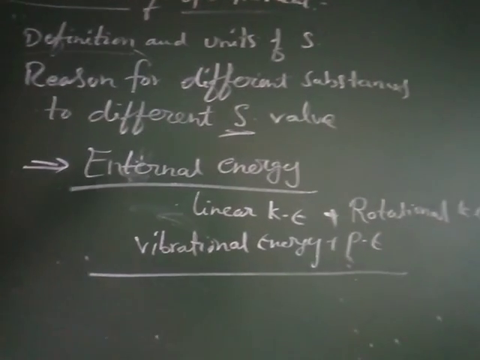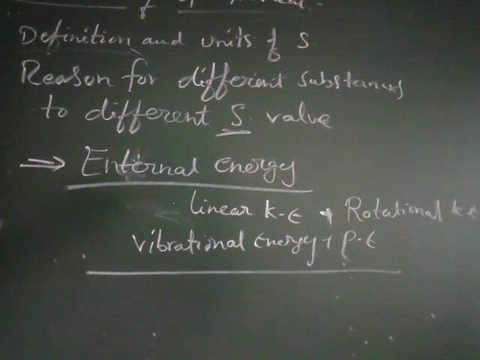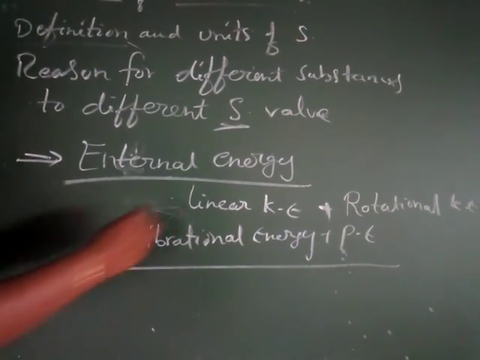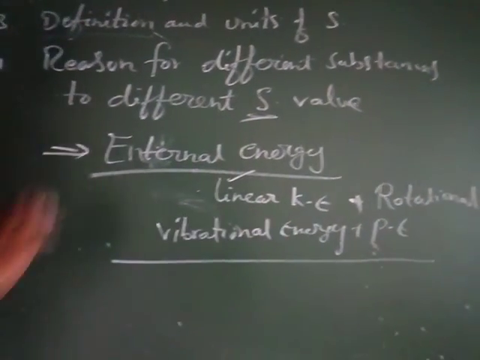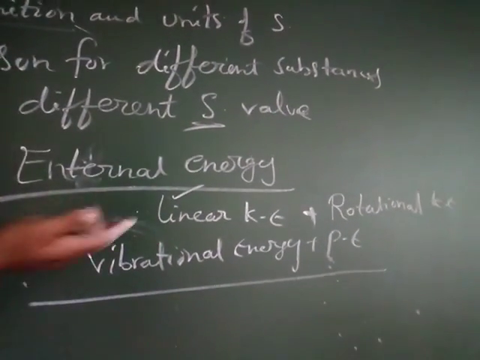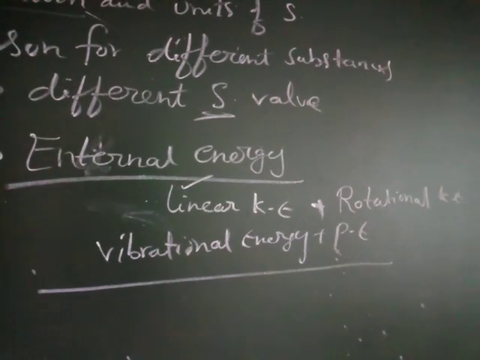We know that solids, liquids and gases have different internal energies. Linear kinetic energy means the molecules are moving in a straight line. If the molecules move straight, they possess kinetic energy. What is rotational energy?